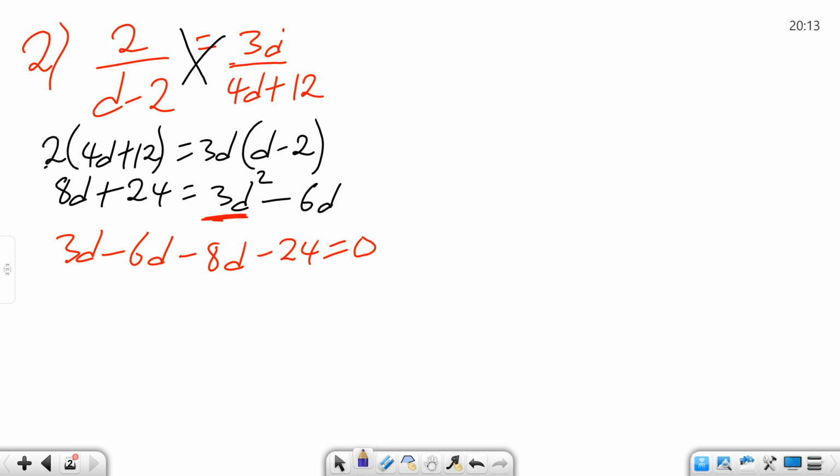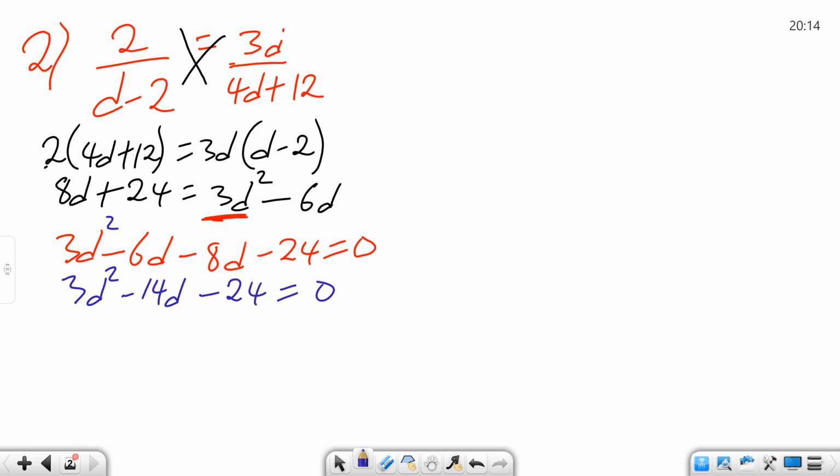So we have 3d squared, sorry, I didn't put the square, then minus 6 minus 8 gives minus 14, so 3d squared minus 14d minus 24 equals 0.